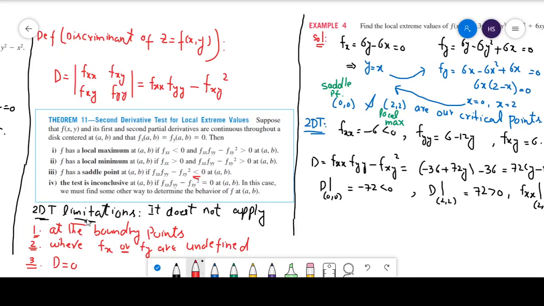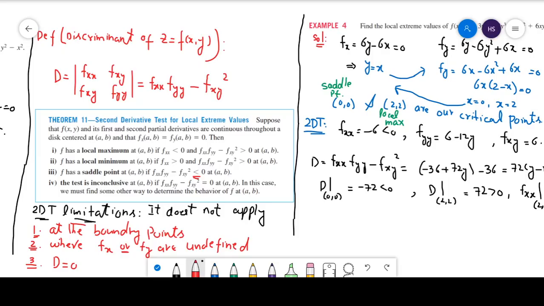If you take a boundary point and draw a disk, that will not be contained completely in the domain. So at the boundary points, the second derivative test fails. It also fails where either of the partial derivatives is undefined, or where the discriminant is exactly 0.